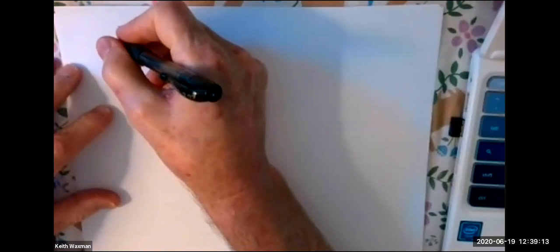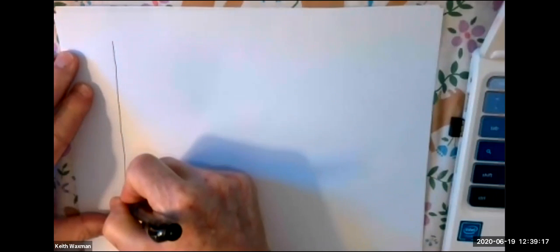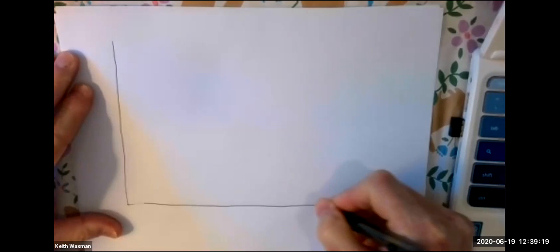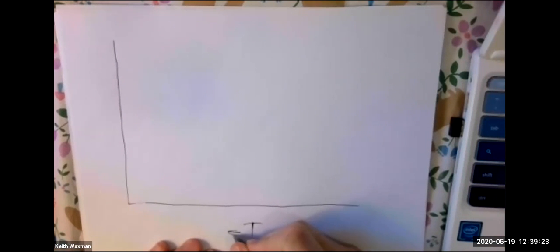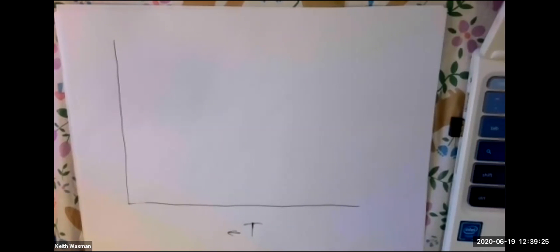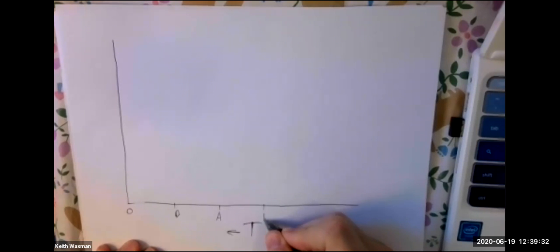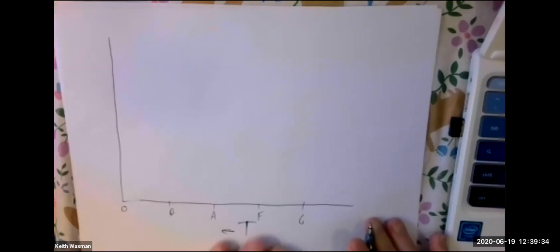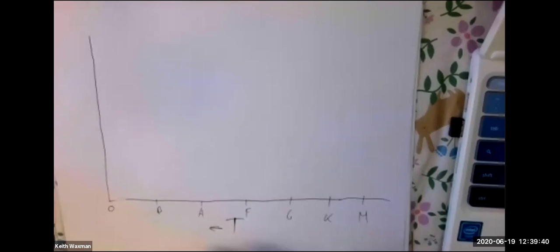So for our HR diagram, let's show our axes here. And we have temperature getting hotter this way, right? Remember, we have the O, B, A, F, G, K, and M stars.